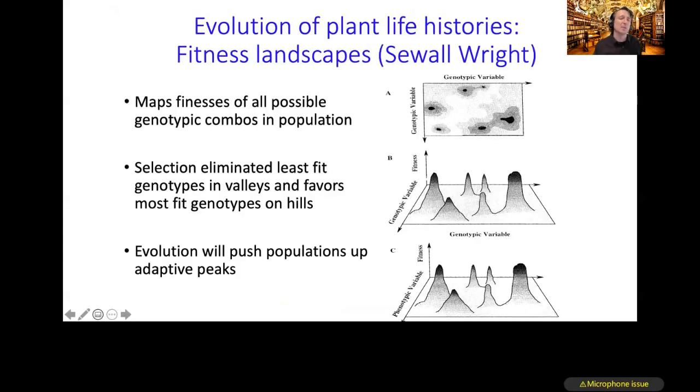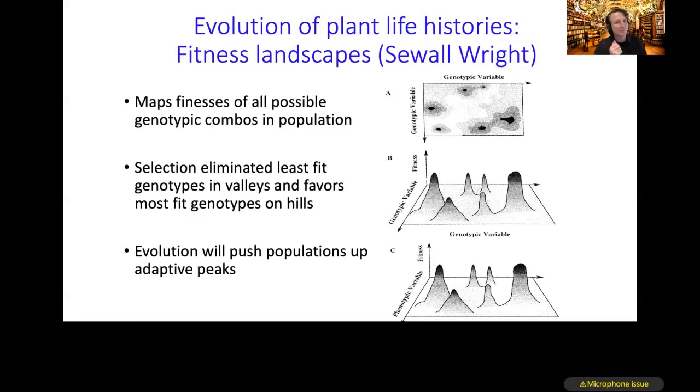And that gets back to what we learned initially in terms of fitness landscapes. I'm going to ask you to think about the evolution of plant life histories on fitness landscapes. This is going to be an open-ended question, and I want you to wrestle and grapple with everything that you've learned in class and try to put it all together.